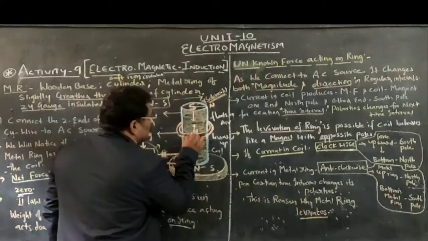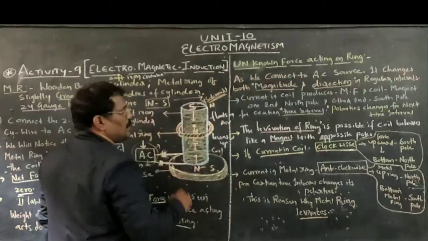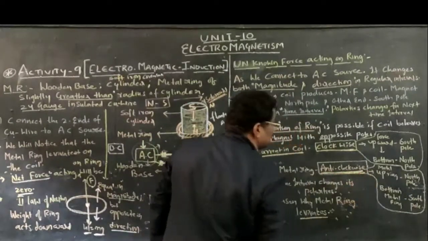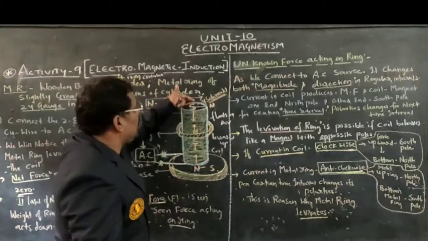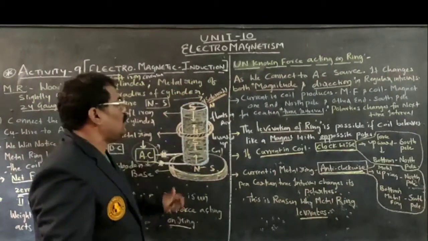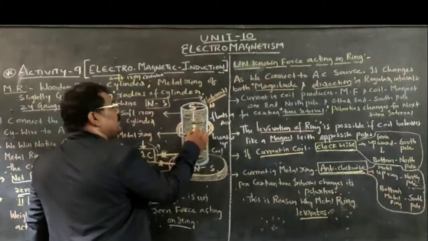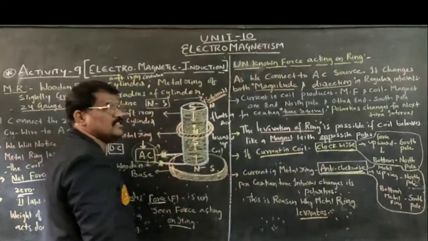Simultaneously, if the current in this particular metal ring is in the anti-clockwise direction, then what happens there? If it is clockwise, south pole, north pole. If it is anti-clockwise, exactly opposite: the upper surface of this particular metal ring will be north pole. The bottom surface of the metal ring will be what?